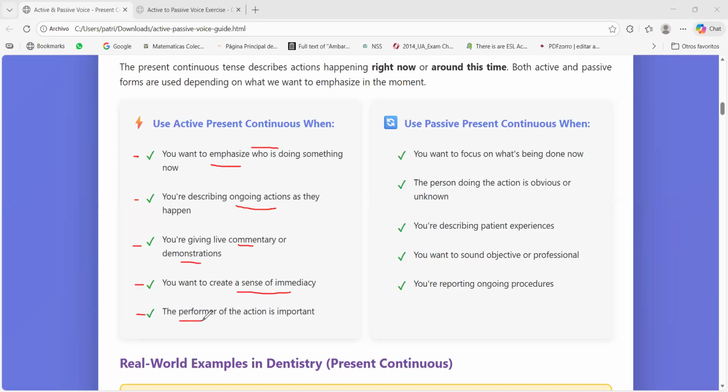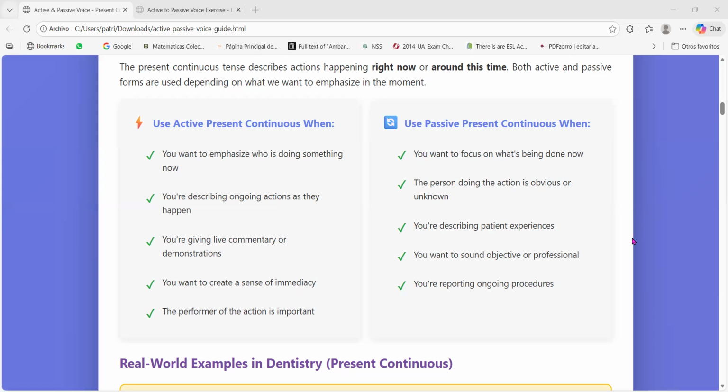The performer is important. So, the other is structure, when we transform active into passive.